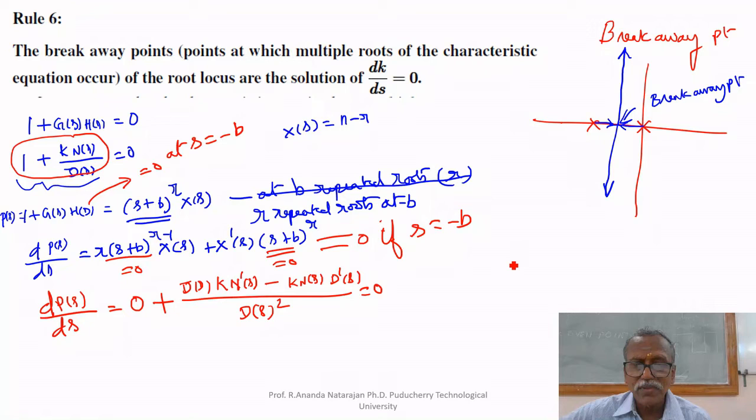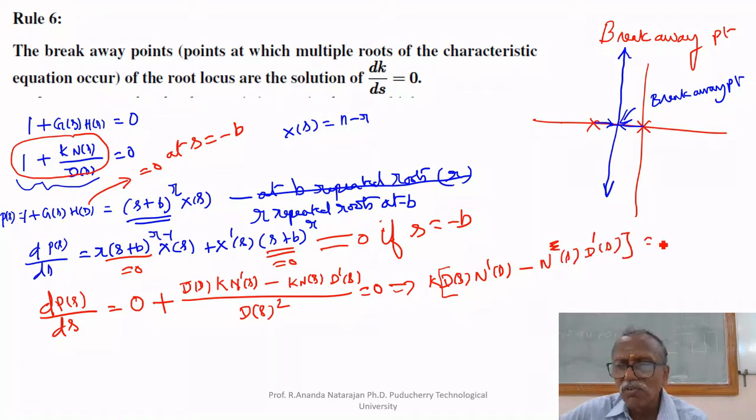K can be taken outside. This equals 0, because the denominator can become 0. If you bring this to the right hand side, it becomes 0. Therefore, the numerator equals 0.